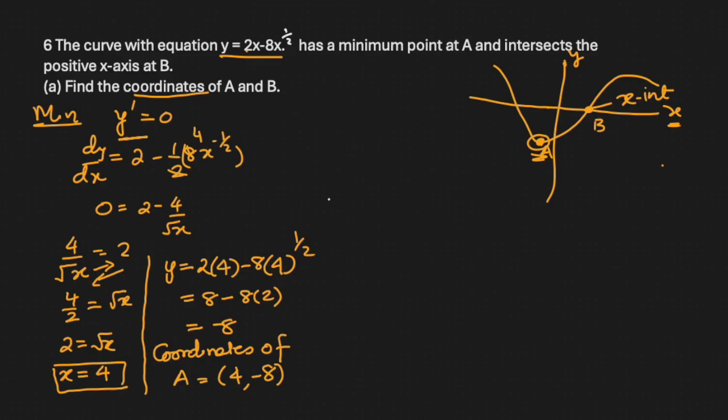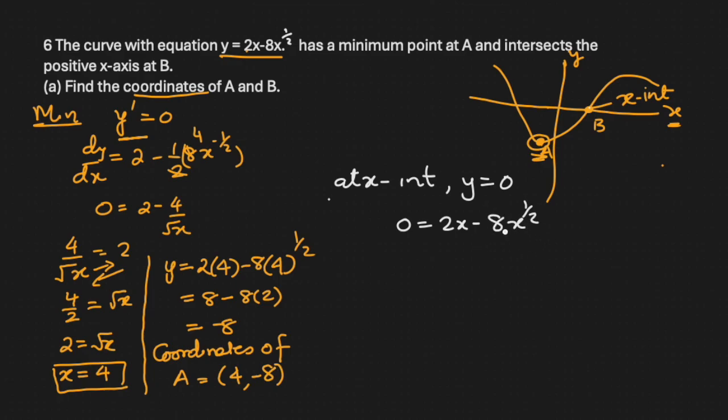Let's talk about B, which is the x-intercept. At the x-intercept, y is always equal to 0. So I'll put y equal to 0, and I'll get 2x minus 8x to the power half equal to 0.